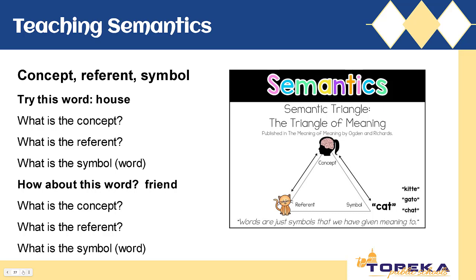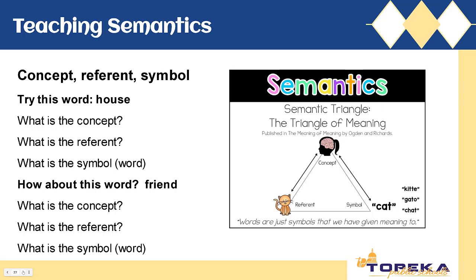Then we can look at the word on the word level. And on the right-hand side of that screen, you'll see kitty, gato, cat. You'll see different languages that we will see for the word cat. The word cat in English is C-A-T. In Spanish, it's G-A-T-O. So different languages represent a word differently. So it's that individual spelling and that individual meaning that's associated to those letters within the words.